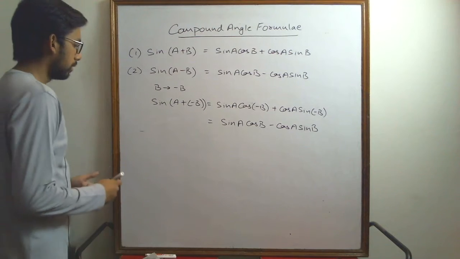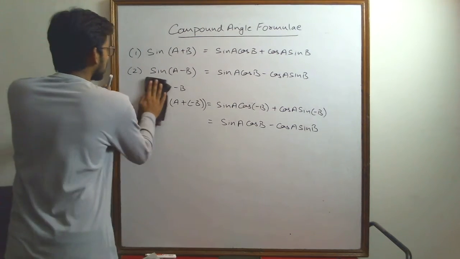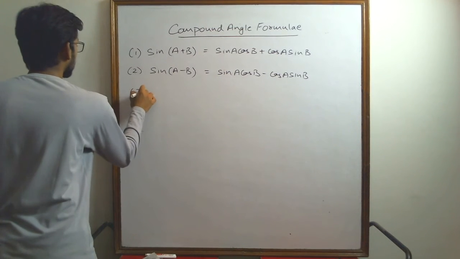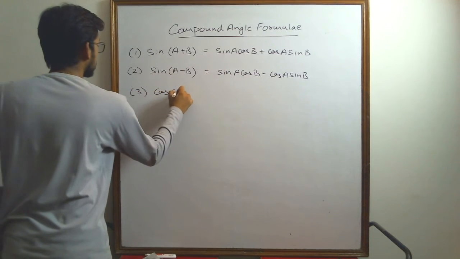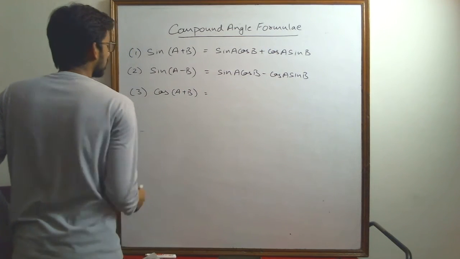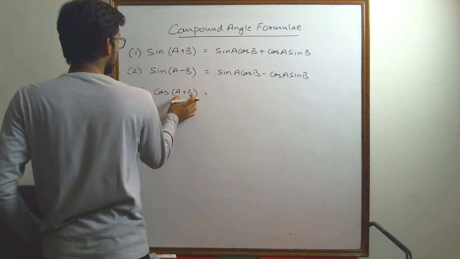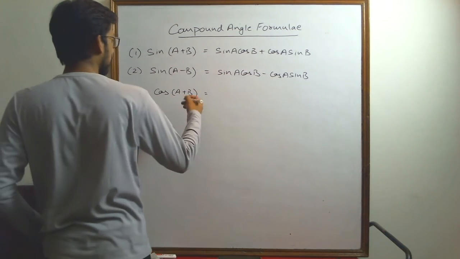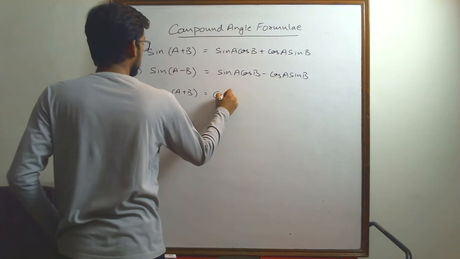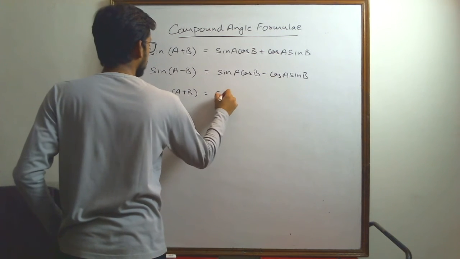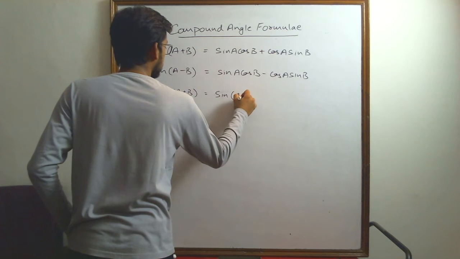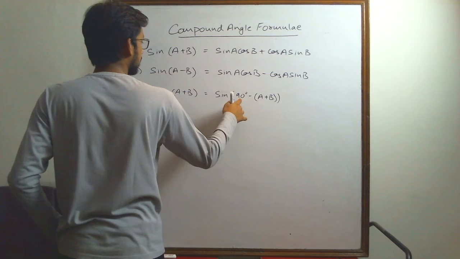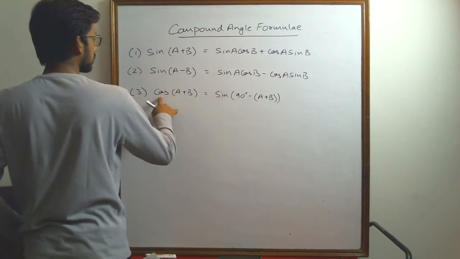Yes? Okay. Let's look at cos A plus B. Now, suppose this angle is one single angle, say we can take it as alpha or whatever you want to take it as. This can be written as sine of 90 minus A plus B. This is same as sine 90 minus alpha, which is cos alpha, so sine 90 minus A plus B, correct?